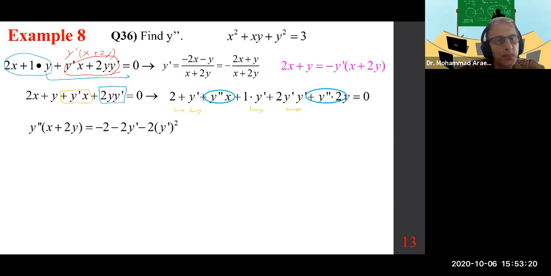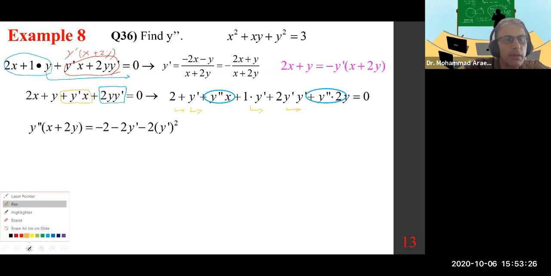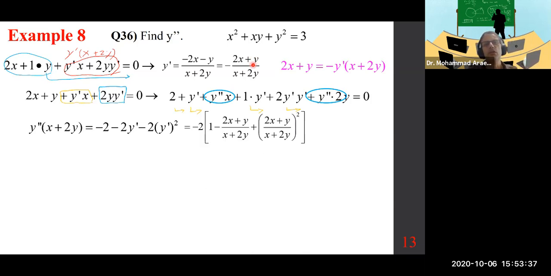And replace the y prime. Let's go with this. Replace the y prime with this one, and then y prime squared, the same thing squared. So take a look at what happens. So the right side, you can factor out the -2. I hope everybody can see that.